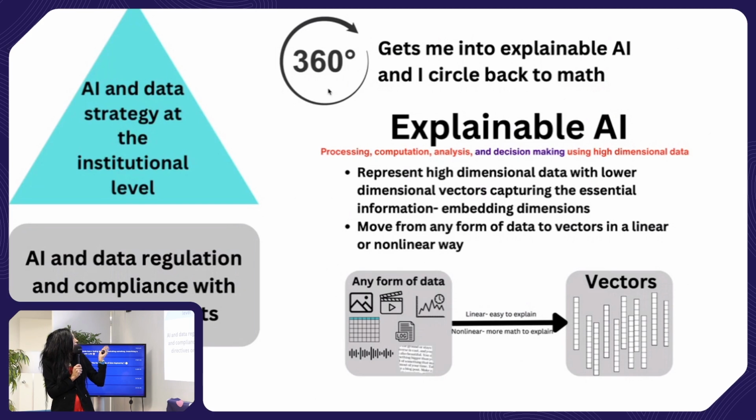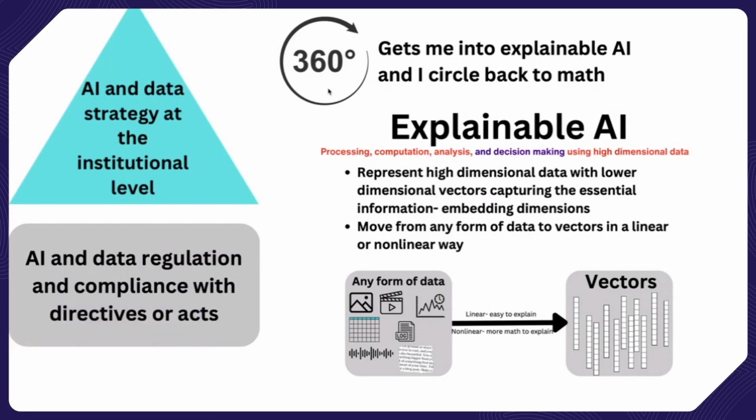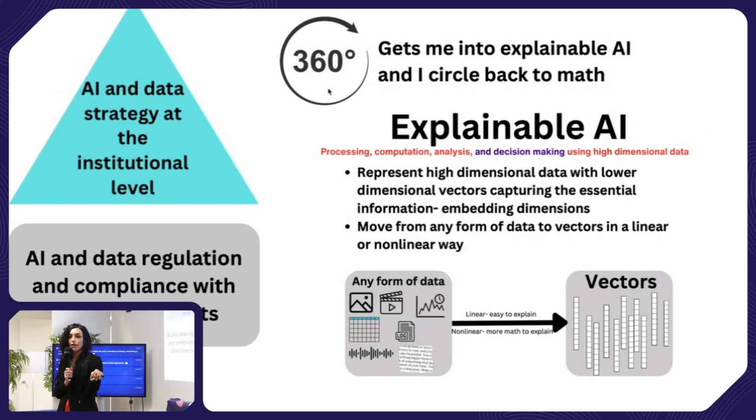But then this AI and data strategy at the institutional level gives me a full loop back into math and explainable AI. When you're working at the institutional level, you have orders from the governor that you have to comply with. You have, for example, the European Act. In Virginia, the governor implemented the first AI directive in all of the US, and I'm sure a lot of states will follow suit.